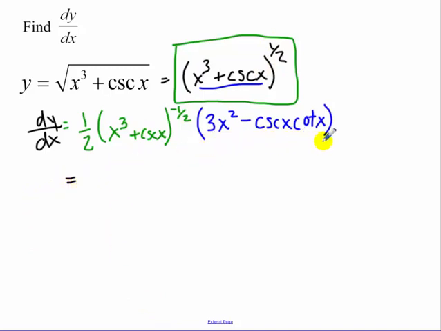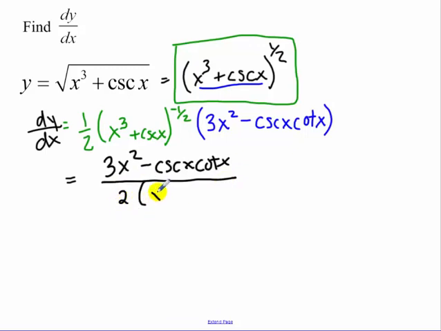This blue part, well, that has a positive exponent, so that goes on the numerator. And then on the denominator, we have the negative exponent part and the 1/2. And we can leave it like that. It's okay in calculus to have radicals in the denominator now.